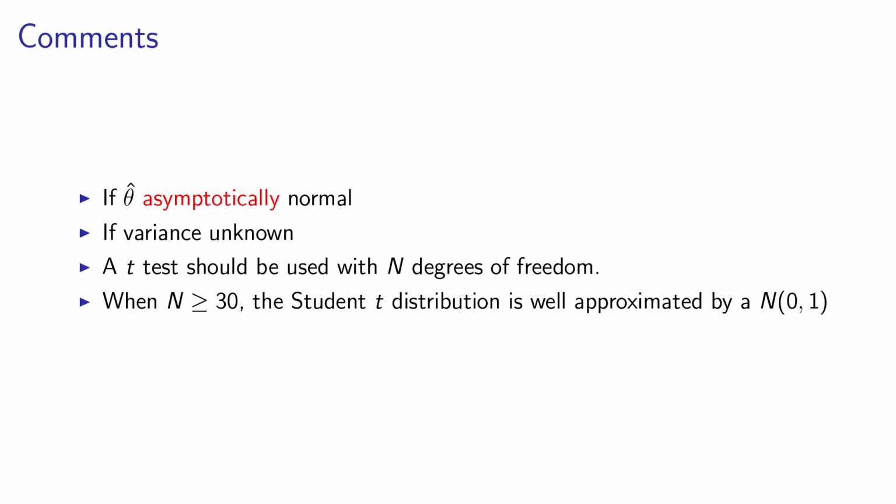But in practice, when n, the number of observations in the sample, is 30 or larger, this t distribution, the so-called Student t distribution, is well approximated by a normal distribution. Therefore, because we most of the time have more than 30 observations, we can use the normal distribution to apply these statistics. So even if it is called a t-test, it is applied with the normal distribution.